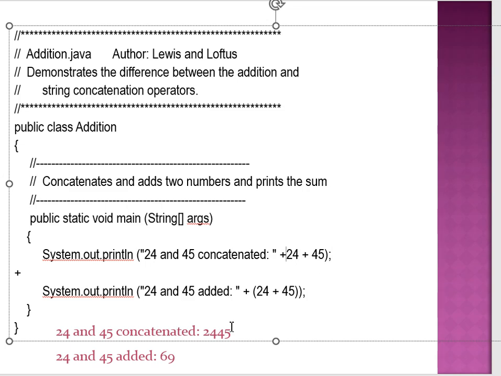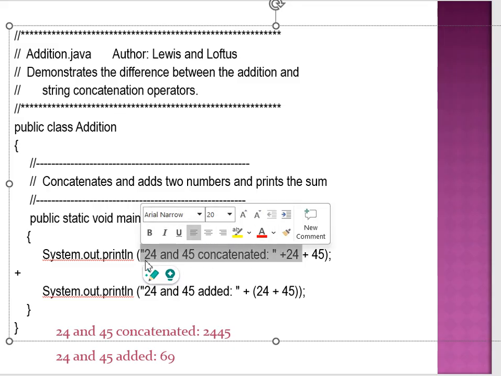Do you know why the result is like that here? We are trying to concatenate this string plus this value. This is a string in double quotation marks, and we are adding this 24 here. Because we are putting together this string and this number, it's like alphanumeric. We have letters this side and letters this side, and then we have a number here.